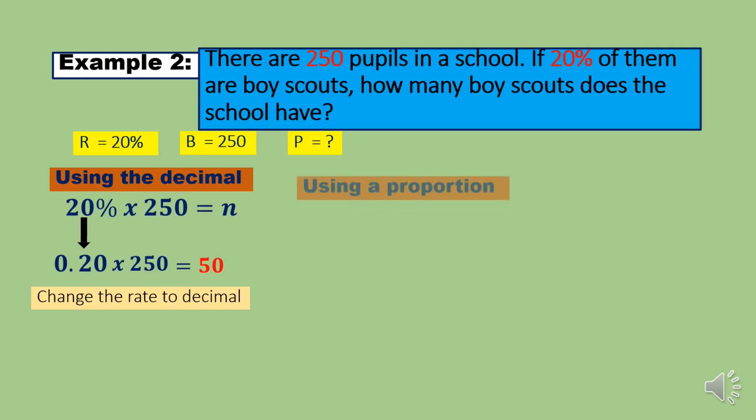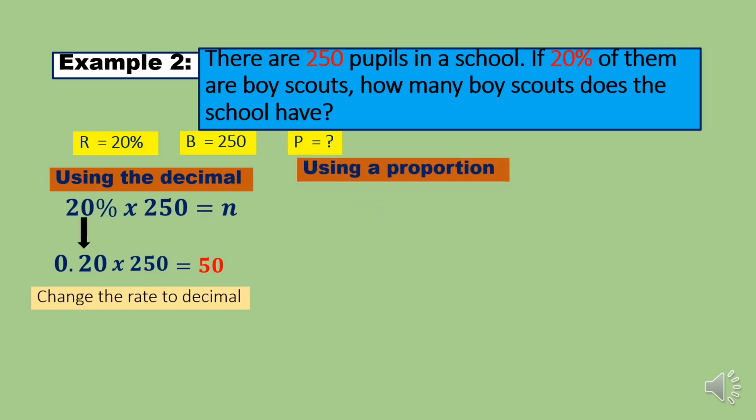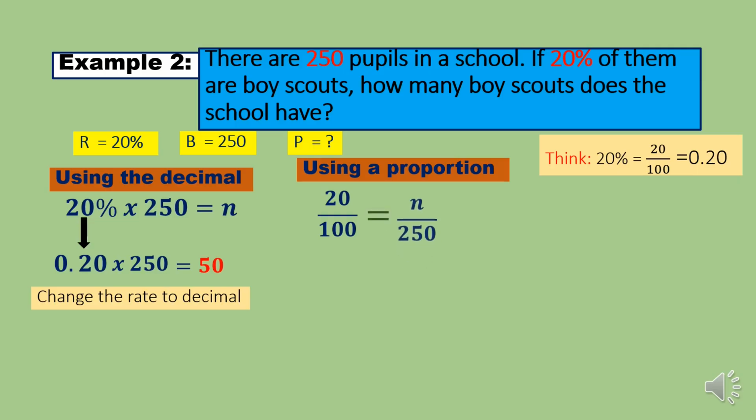n is 50. Using a proportion, alam natin ang 20% ay katumbas ng 20 over 100 or 20 hundredths. So, 20 is to 100 equals n is to 250.